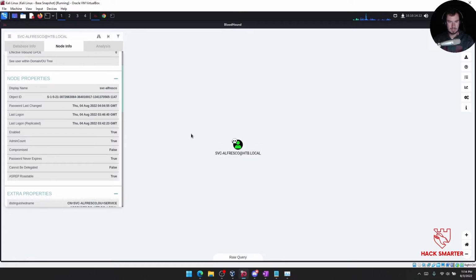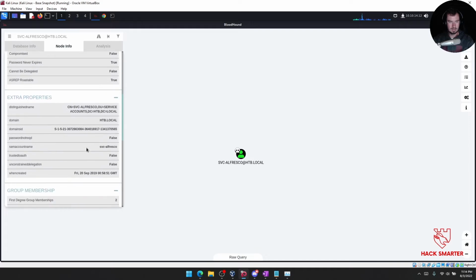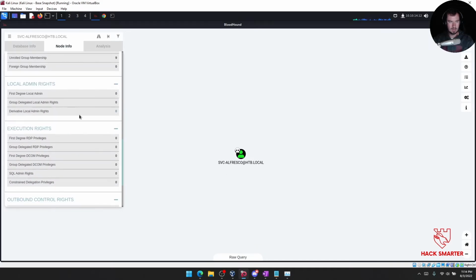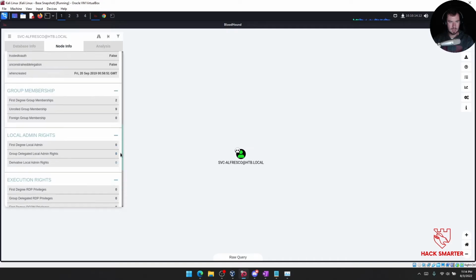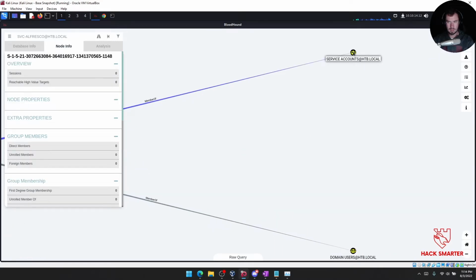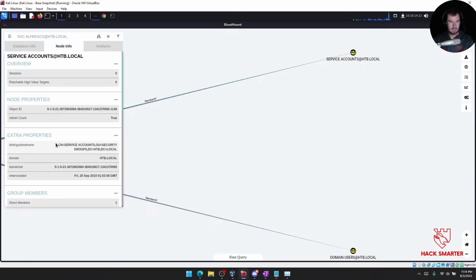So if we start him as the starting node, let's think through. We know that he is in that service account group membership. And if we look at this, what permissions does this group have?